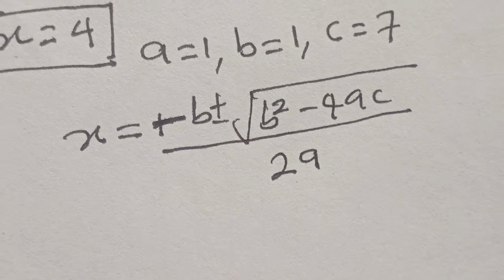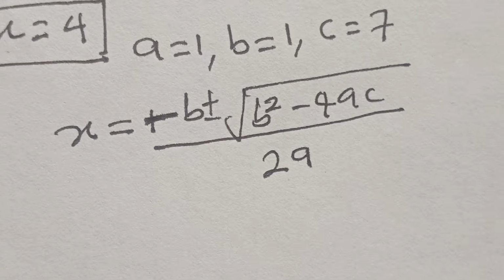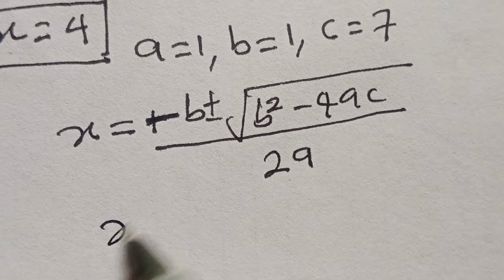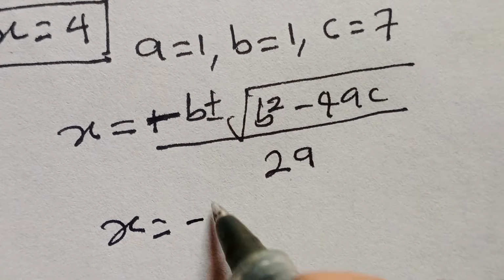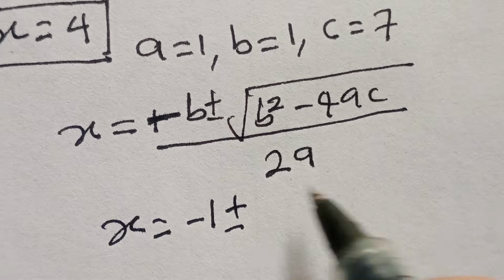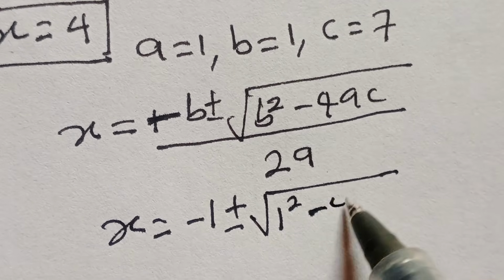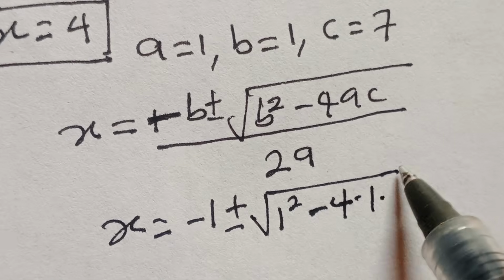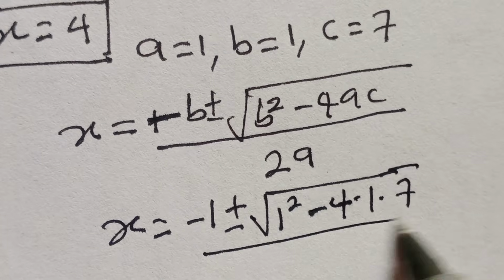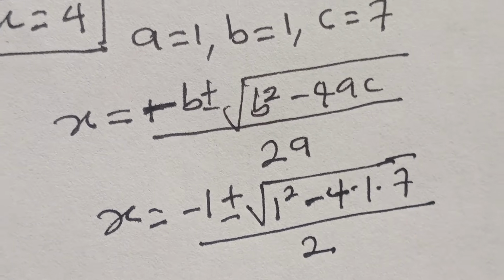We have our values already, so x will be minus 1 plus or minus square root of 1 squared minus 4 times 1 times 7, everything divided by 2.